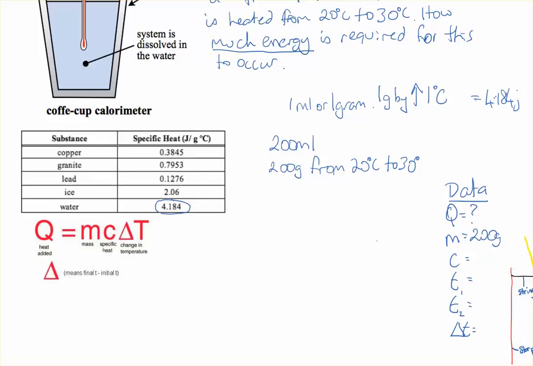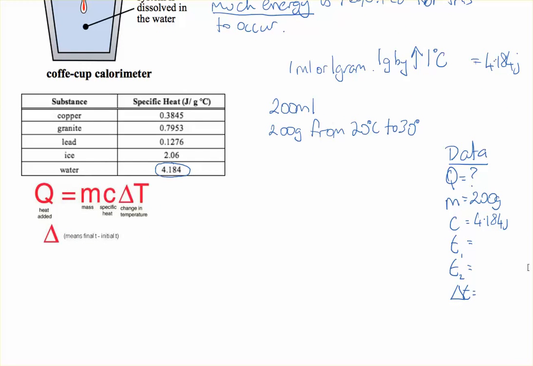C is the specific heat, and they're a constant. And for water, it's 4.184 joules. The starting temperature, temperature 1, was 20 degrees Celsius, and the final temperature is 30 degrees Celsius. So the change in temperature is the difference between them, which is 10 degrees Celsius.